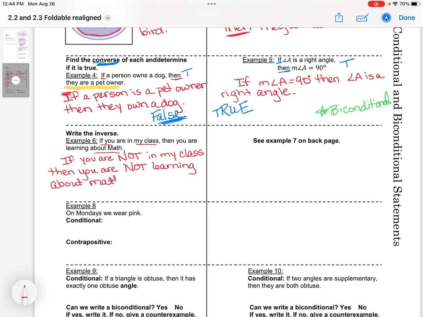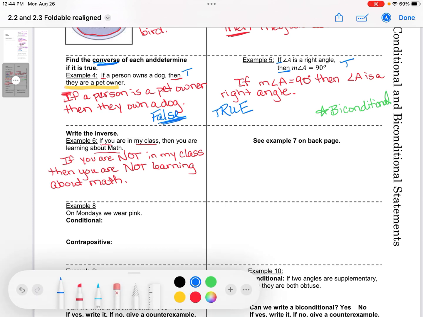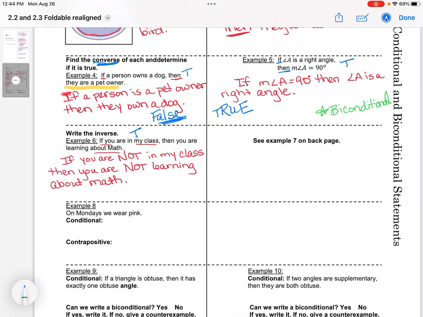Now, I certainly hope there are other classes that teach you about math. So while it's true that if you're in my class, you're learning about math, if you are not in my class, are you not learning about math? I'm going to say it's false because you might be in physics. You might be in business math.